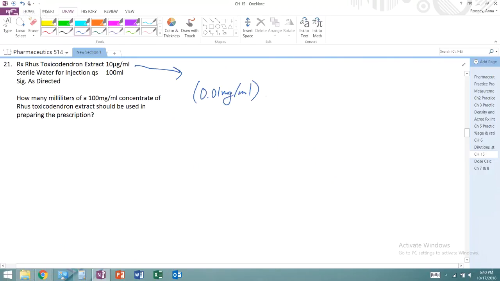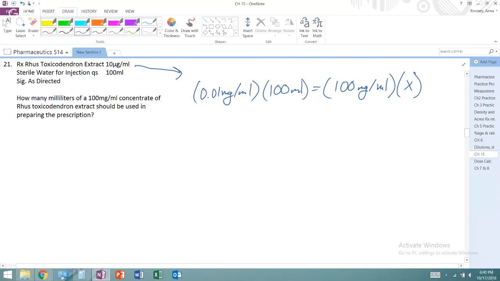And then we're going to be using 100 milliliters of that. And that will find you how many milligrams it is. And this is the ratio of what we have in the concentrate. And we don't know how much we have to add for the concentrate.